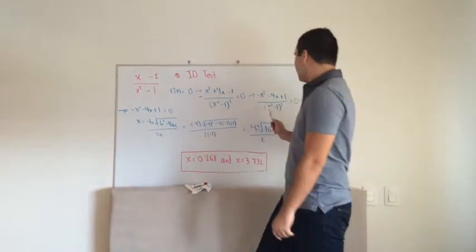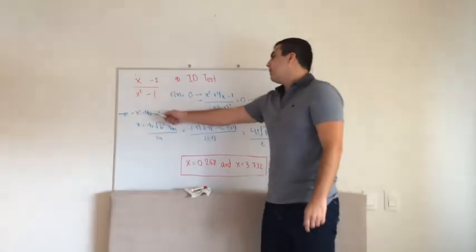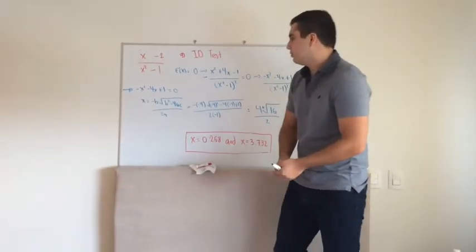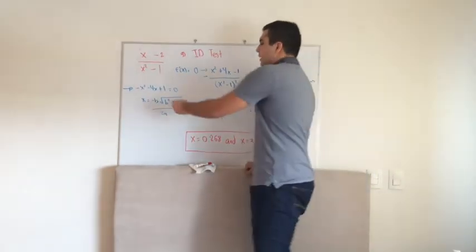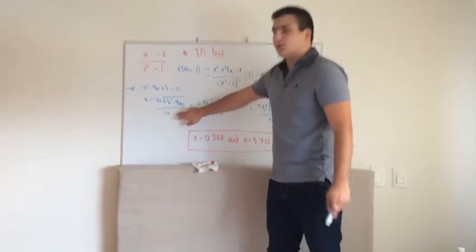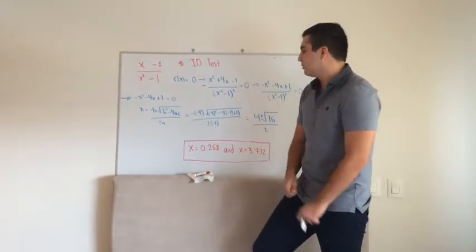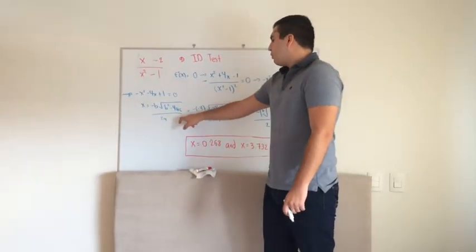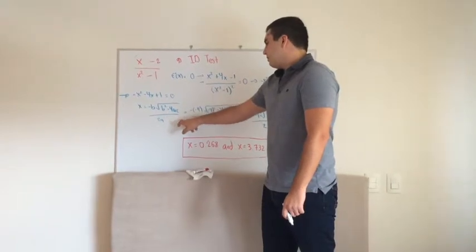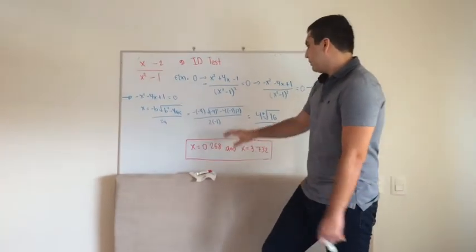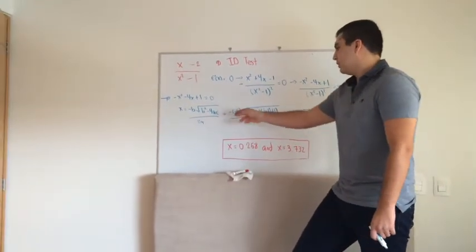So this part doesn't matter, so we only put minus x squared minus 4x plus 1 is equal to 0. So when we have this, we apply the general formula, that is minus b plus or minus the square root of b squared minus 4 times a times c, all of this over 2a. So we put the values in this part.